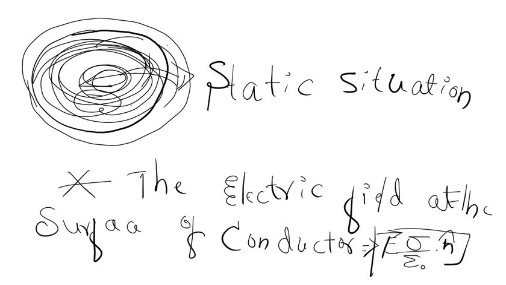This is the expression for the electric field at the surface of the conductor. So these are all the properties of an electric conductor.